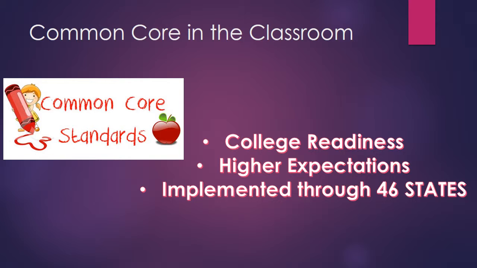With the Common Core, right now there are 46 states that have adopted it, and because they have adopted it, it is easier for the states to compare and to also work together in the school system.